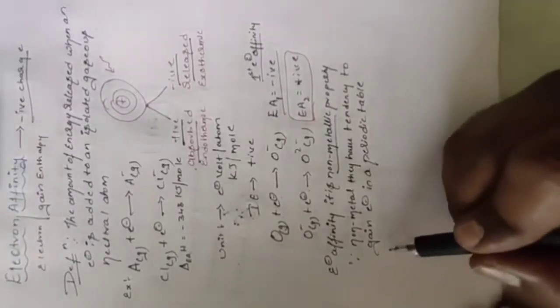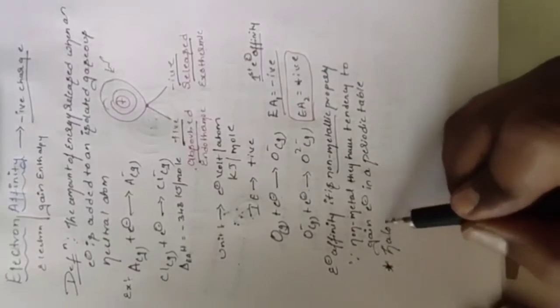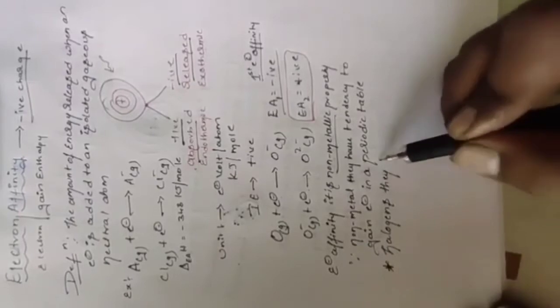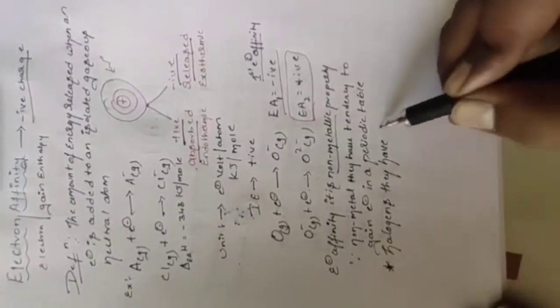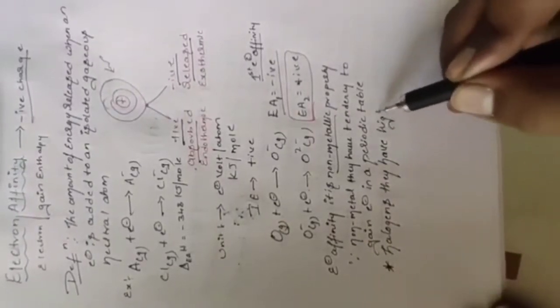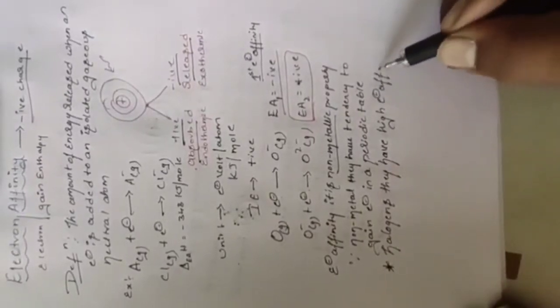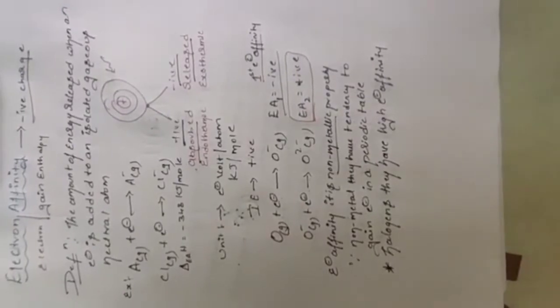Okay, you see, in the periodic table, halogens are a very important point. Halogens have high electron affinity. They can ask why halogens in the periodic table have high electron affinity.